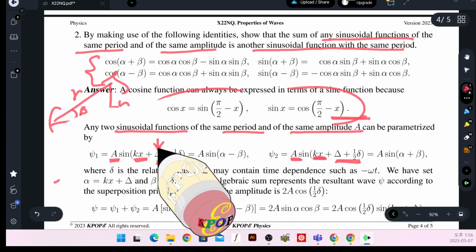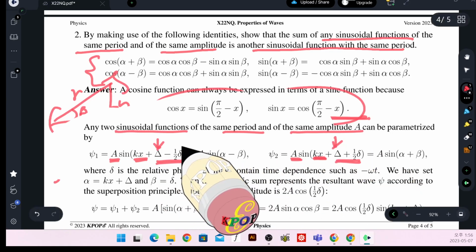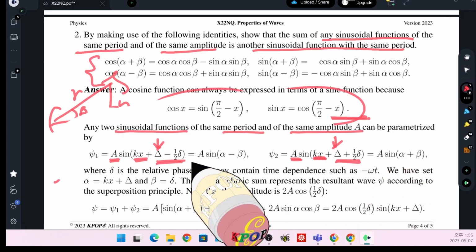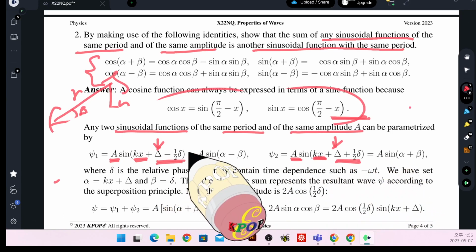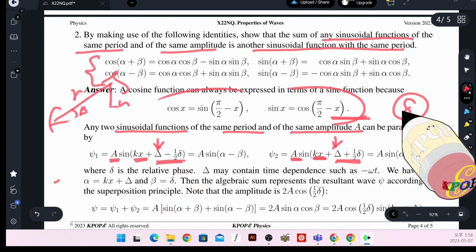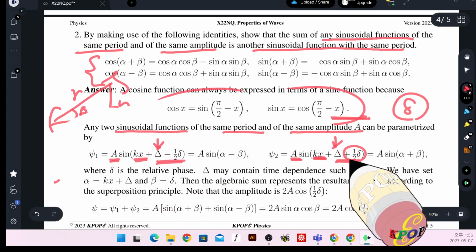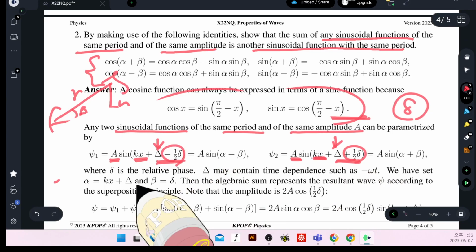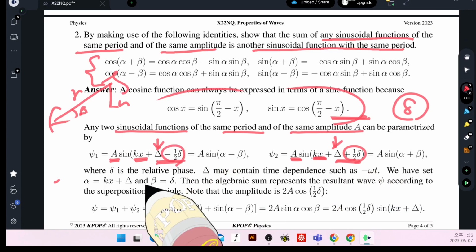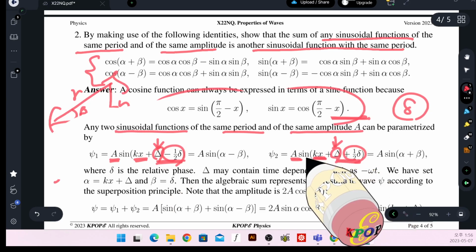This is a common phase, and if they are different from each other by a delta, then it can be expressed in terms of plus 1/2 of delta and minus 1/2 of delta. And this is a common phase.